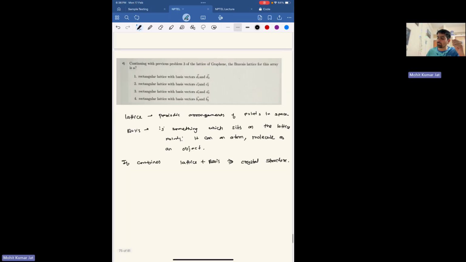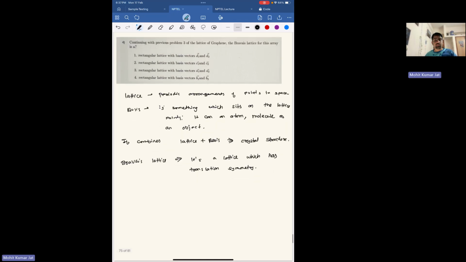In this case, they are asking what the Bravais lattice is. A Bravais lattice is a lattice which has translation symmetry. If you ask me this question, graphene is not a Bravais lattice.